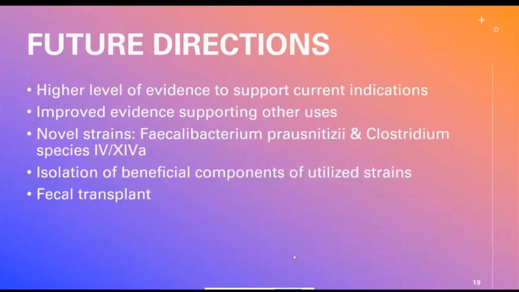As far as future directions for probiotics, obviously we want a higher level of evidence to support current indications. We want a higher level of homogeneity with the studies that we're using in order to support probiotics. We also want improved evidence supporting other uses.